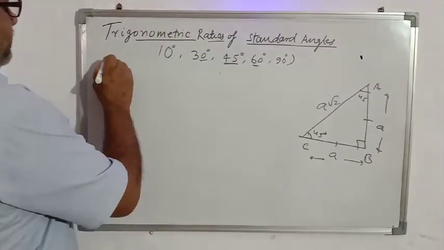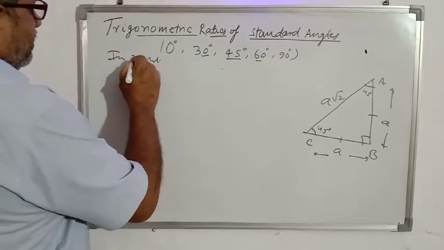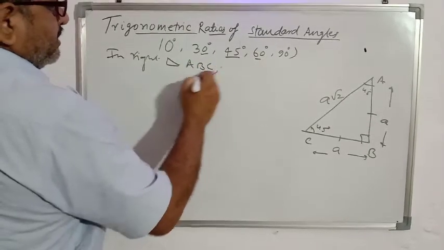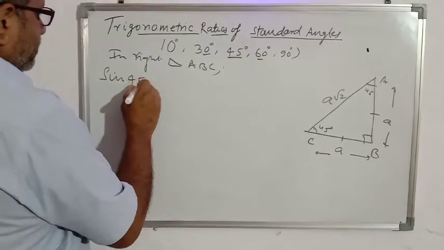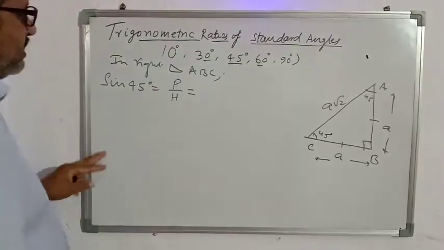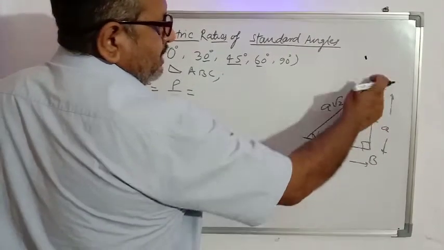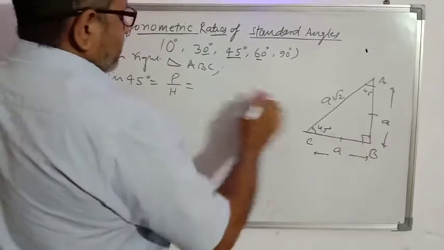In right triangle ABC, sine 45. Sine means perpendicular by hypotenuse. For this 45 degree angle, the perpendicular is AB, base is BC, hypotenuse AC.